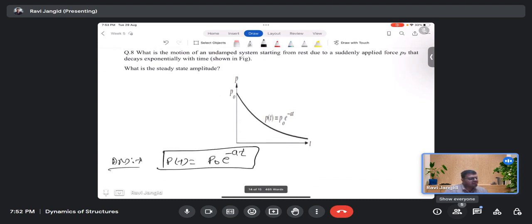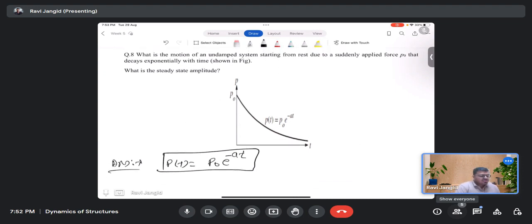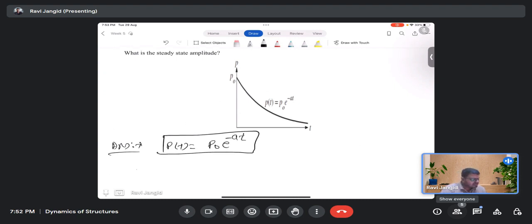So we need to find out the response of the system u(t). So u(t) for this undamped system, by Duhamel integral, is 1 by omega n integral 0 to t p(tau) sine omega n (t minus tau) d tau.